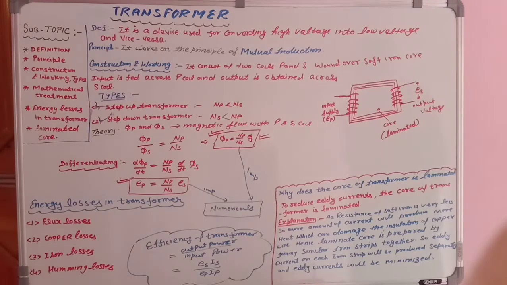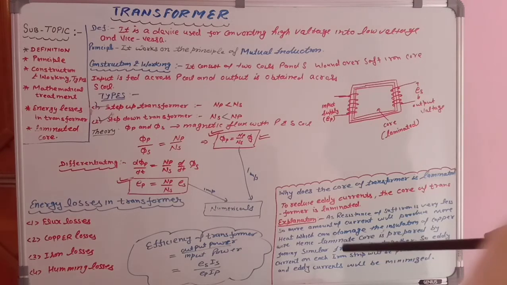Explanation: as we know, soft iron has very less resistance. Less resistance means current will flow more and more heat will be produced. If more heat is produced, it can damage the insulation of your copper wire. जो copper wire आपने यहाँ पे लगाई हुई है, the insulation of this wire may get damaged due to high current, due to high heat.